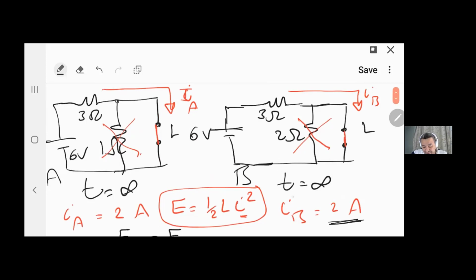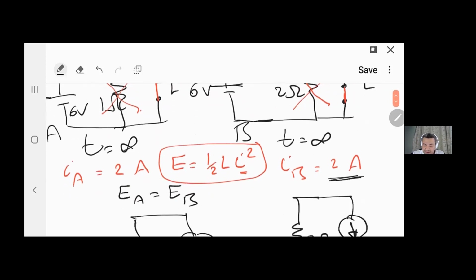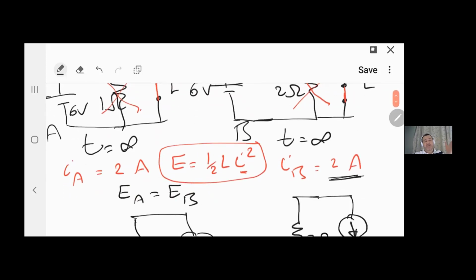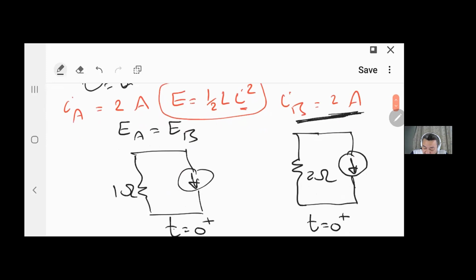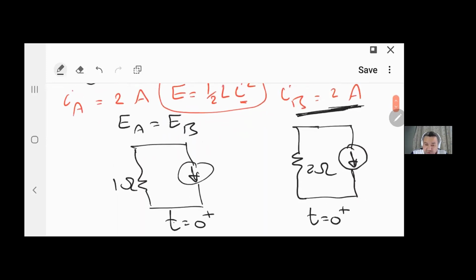Then I said that right at t infinity, I had the inductor replaced by a wire, and this wire is shorting out this 2 ohm, and this is the current. Now for the next circuit, because now I reopen the switch, the reopening I did to the switch is basically that t equals 0. And now this value that was in the inductor will be in this circuit when I open the switch as my t equals 0 minus.